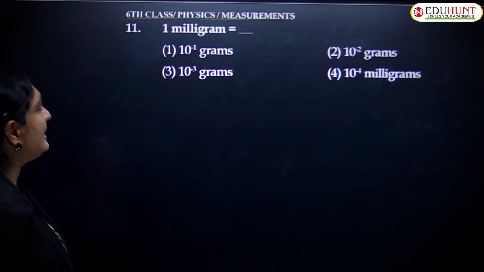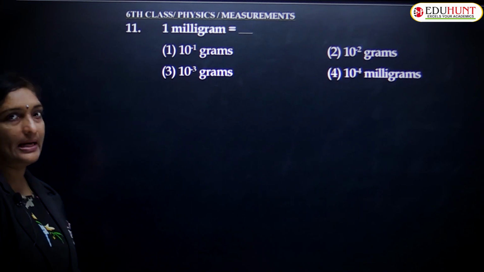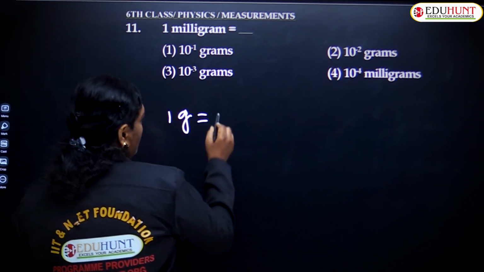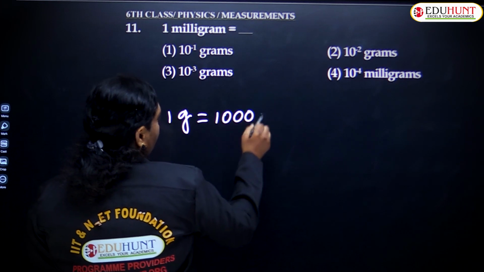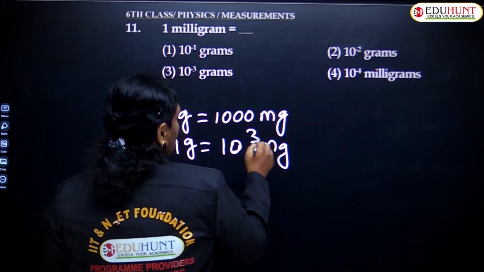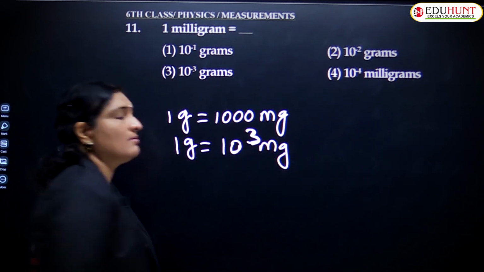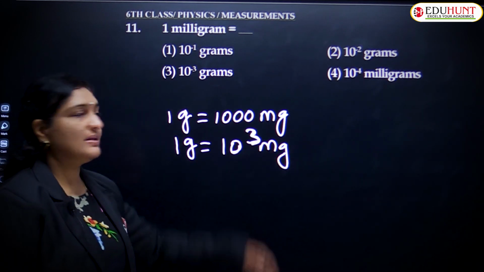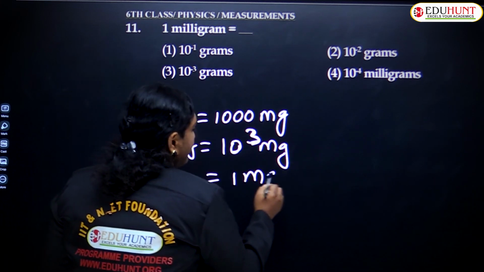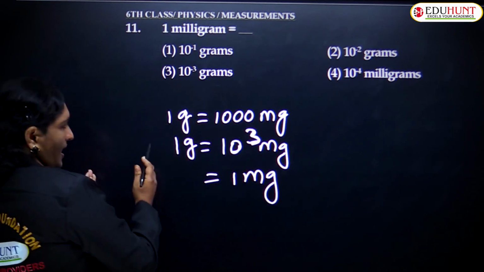Next, 1 milligram equals to how many grams? I told you that 1 gram is equals to 1000 milligram. So 10 power 3. 1 gram is equals to how many milligram? 10 power 3 milligram. If I want 1 milligram here, I need to bring this 10 power 3 to the other side.